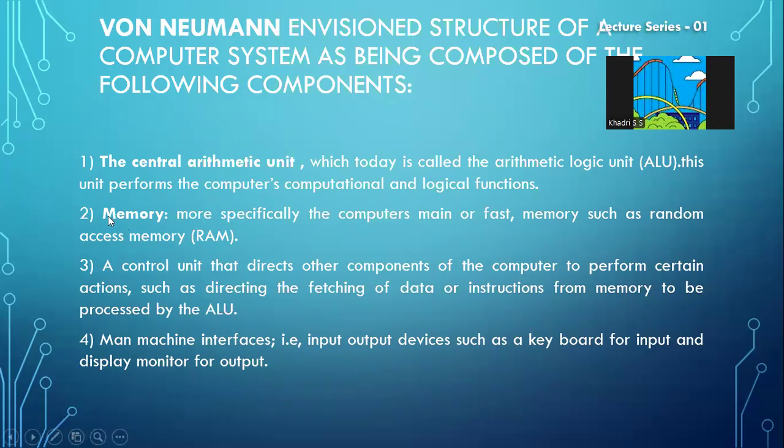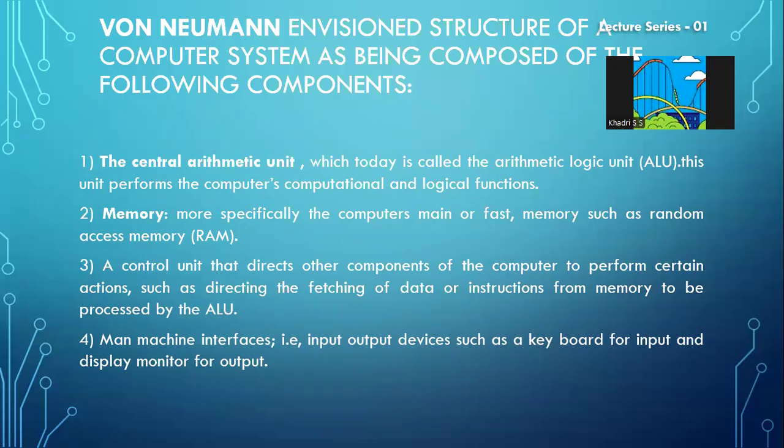Next, memory. More specifically, the computer's main fast memory such as random access memory. You are all familiar with the RAM. Then a control unit that directs other components of the computer to perform certain actions, such as directing the fetching of data or instructions from the memory to be processed by the arithmetic logical unit.